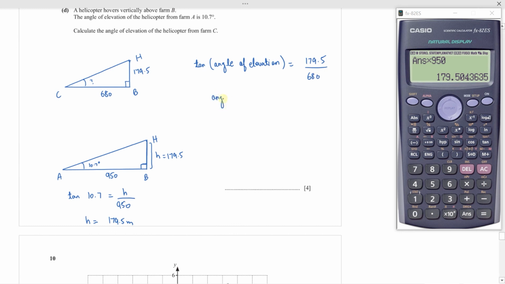So this will give you your angle of elevation. So 179.5 divided by 680, and then tan inverse of this. So this is 14.787, and then up to one decimal place, this will be 14.8 degrees. So this will be your angle of elevation of the helicopter from farm C.